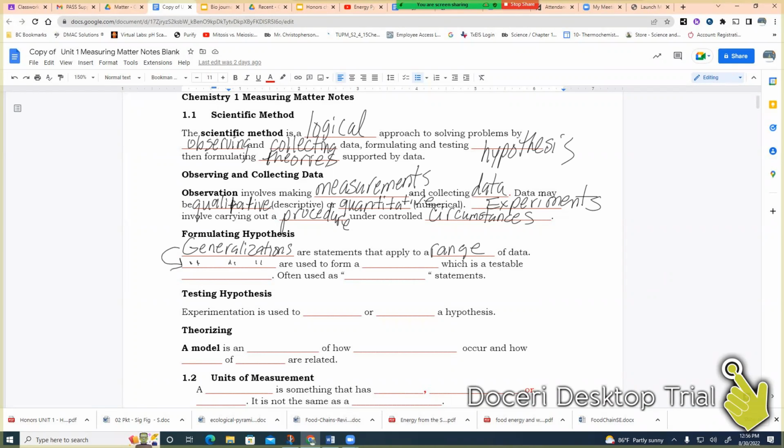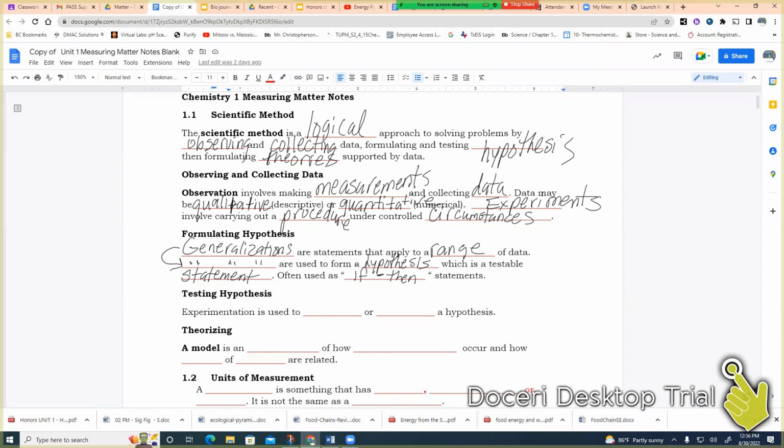Generalizations are used to form a hypothesis, which is a testable statement. It's often used as an if-then statement. So if I give the tomato plants more fertilizer, then will they grow more? Something that you can look at and see what the outcome is.